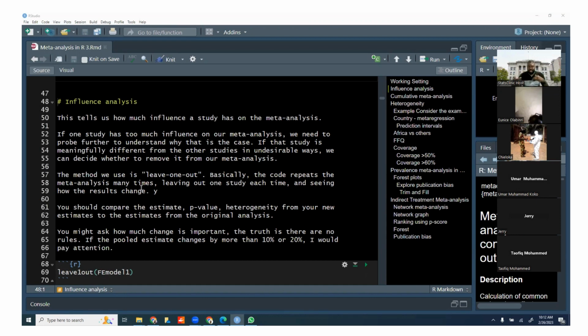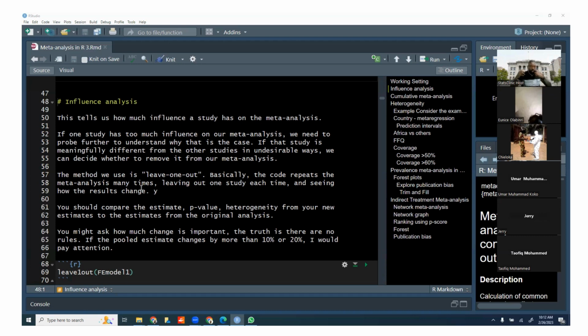Maybe if the I squared is changing, you might want to pay attention. And when you find that one study is drawing the estimate significantly like that, you go back and look at that study and try to understand why that is the case. Sometimes it might mean that there's an error in the numbers that you have input, or sometimes it might mean that that one study is different in some way. Maybe some characteristic of the study makes it different.